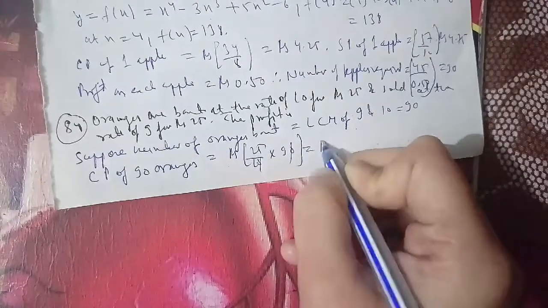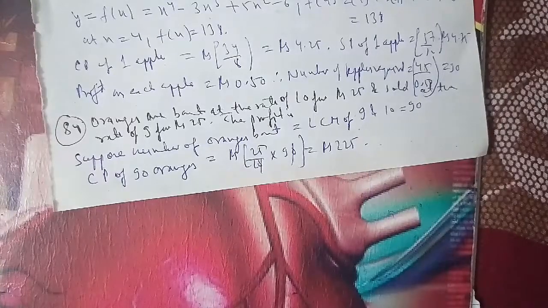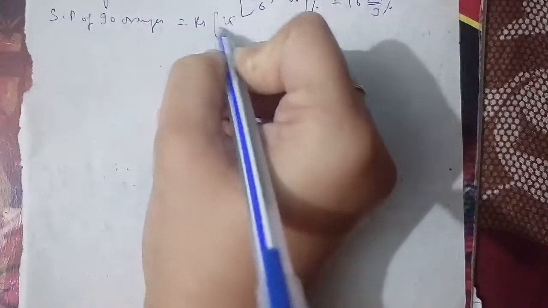Now the selling price of 90 oranges equals to rupees 25 upon 9 into 90, which is equals to rupees 250.